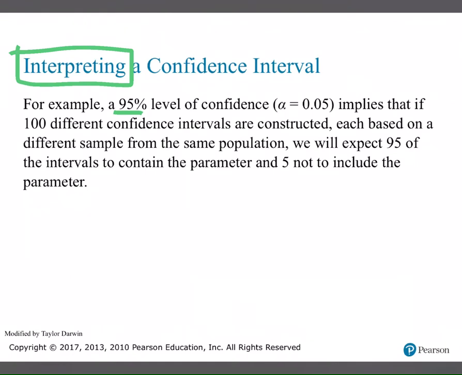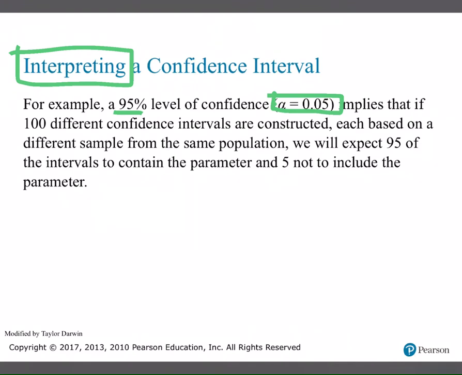But for a 95% level of confidence, alpha equals 0.05 or 5%. Alpha is the leftover. So if I'm 95% confident, then I'm going to leave basically room for 5% for me to be wrong.